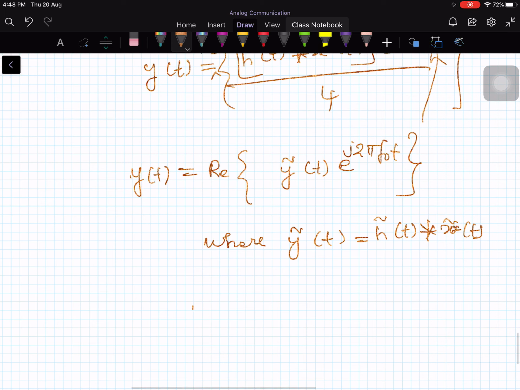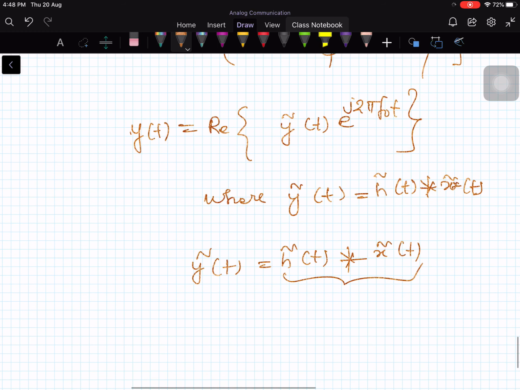You first take y tilde of t, which is equal to h tilde of t, the low pass version of your band pass impulse response, convolved with x tilde of t, the low pass version of your band pass signal, and you will get y tilde of t.